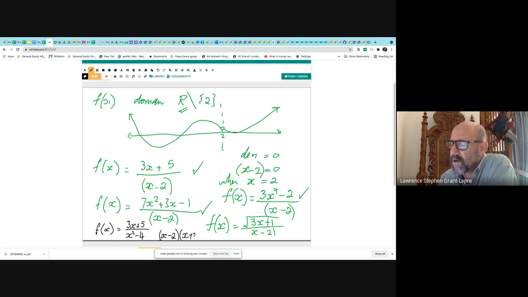That means we're not allowed to have negative 2 or positive 2, but the domain will be all real numbers except for positive 2 and except for negative 2. So it wouldn't be this function here, it wouldn't be this function here, but it could be earlier.